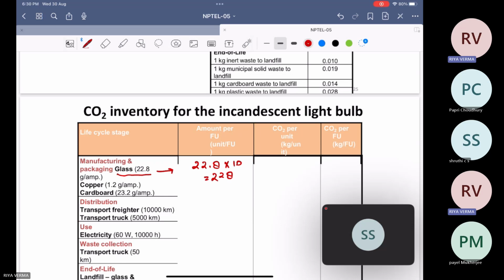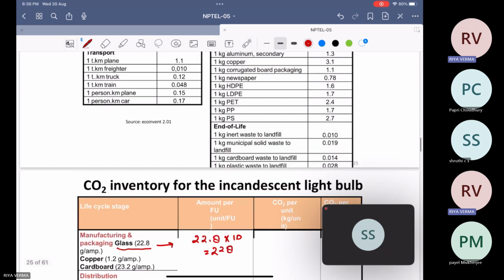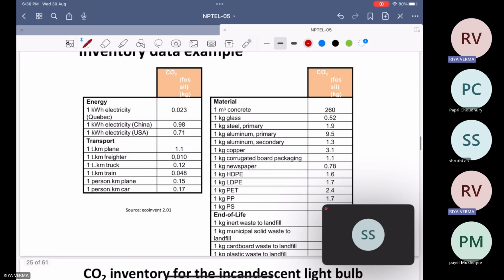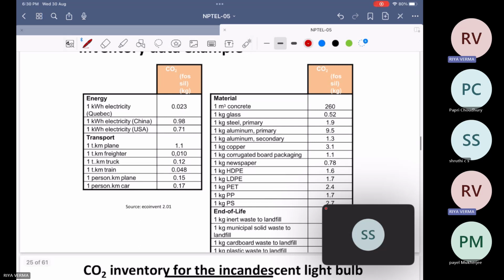I'm calculating here for the glass. Now finding out the CO2 emissions per unit. Here we have CO2 emissions per unit of glass, this one. For 1 kg of glass, the CO2 emissions are 0.52, right?